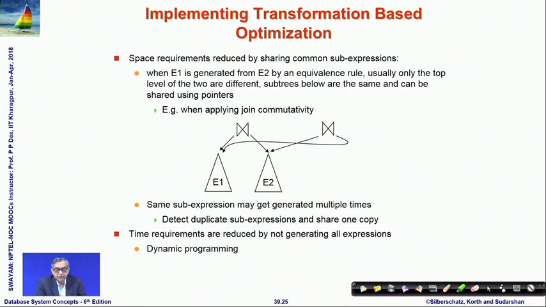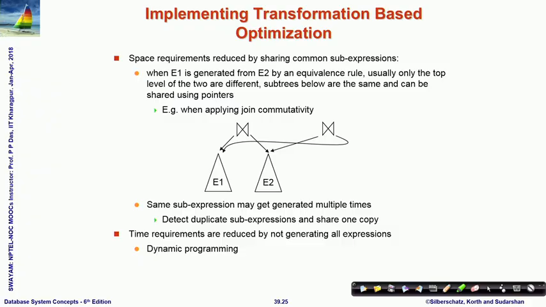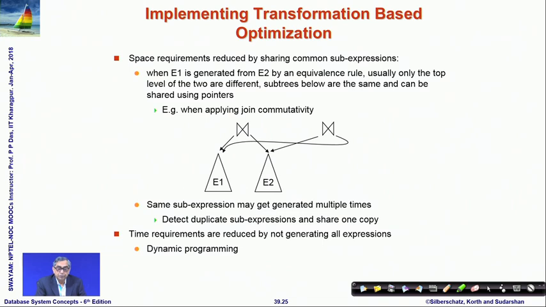If you have studied expression optimization in compilers at any point of time, you will understand this very well, because it is the same strategy which is used here. If you can detect duplicate sub expressions, then you can have only one copy, and you can make things more efficient to run. The general strategy for doing this is dynamic programming.